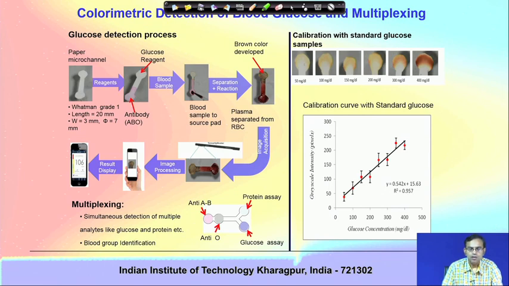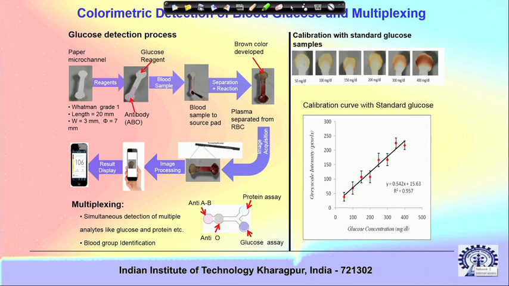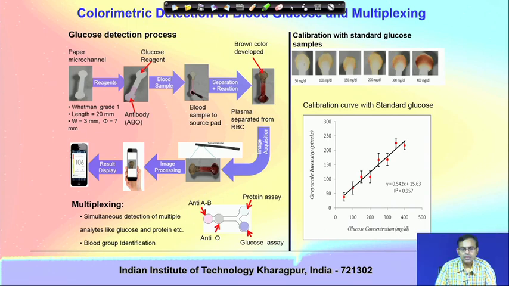Here you can see that in this example we have paper microchannels with Whatman grade 1, the length is 20 millimeter, width is 3 millimeter and the depth is about 7 millimeter. There is a glucose reagent that is loaded and an antibody which is loaded.